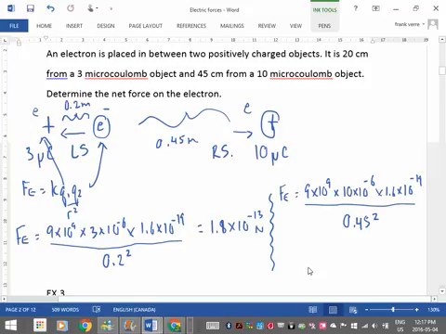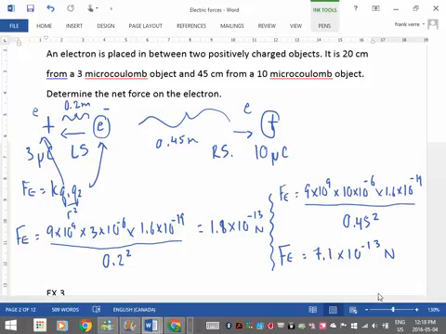So what would the force be on that side? Sorry, what was that? Okay, so it's the same magnitude as the other one, but it's not exactly the same, right?